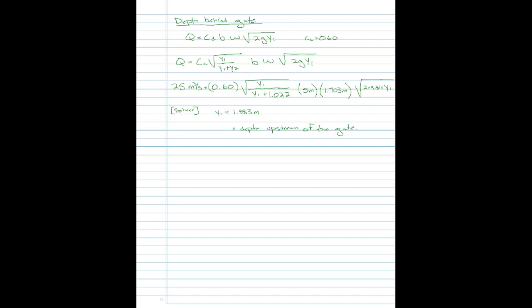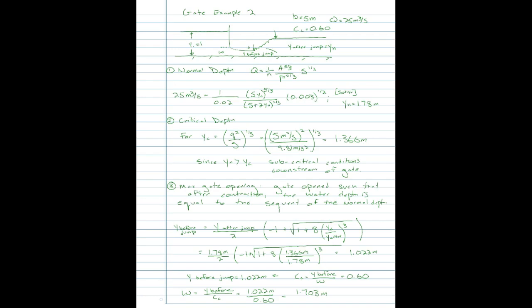So let's just summarize. 1.883 is how high the water was pooling upstream of the gate. The water goes through the gate, which is height W, and W is 1.703 meters.